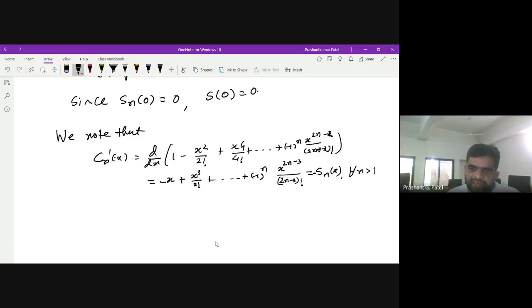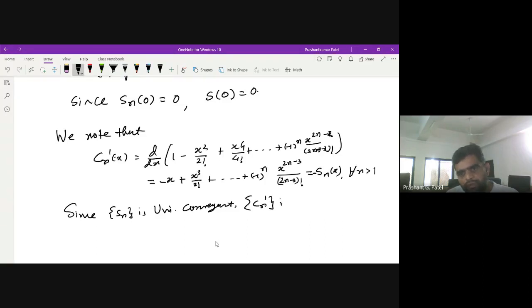Since the sequence Sn is uniformly convergent, Cn dash is also uniformly convergent.